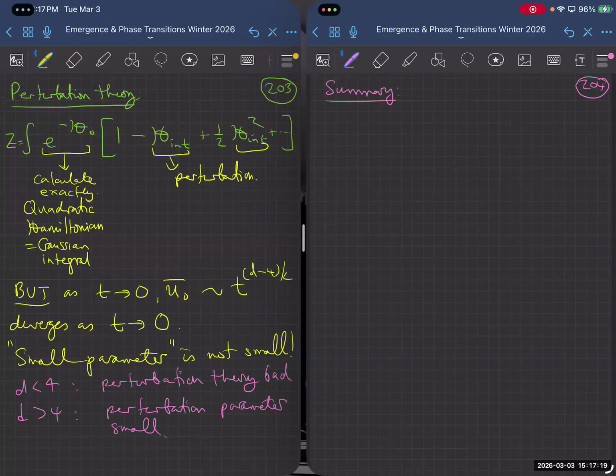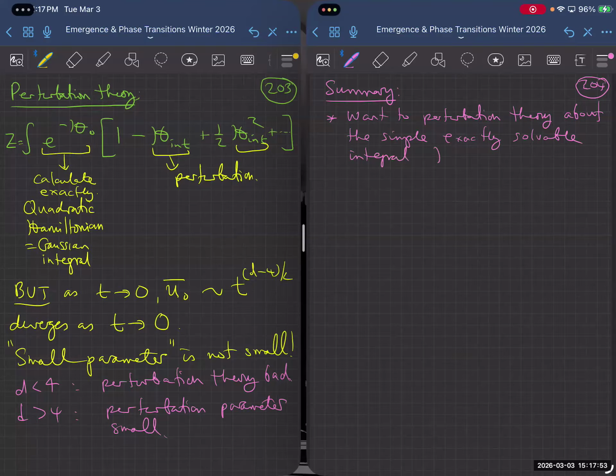So the summary is that we want to do perturbation theory about the simple, exactly solvable integral H naught.